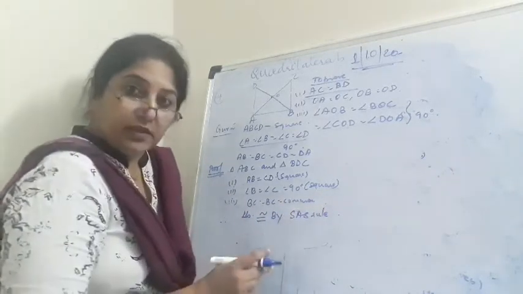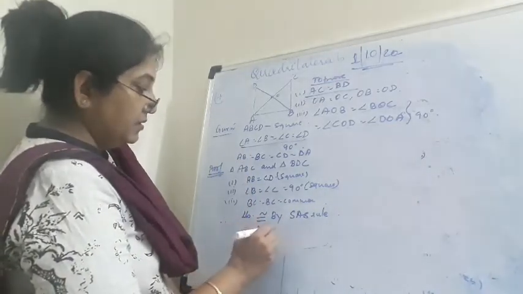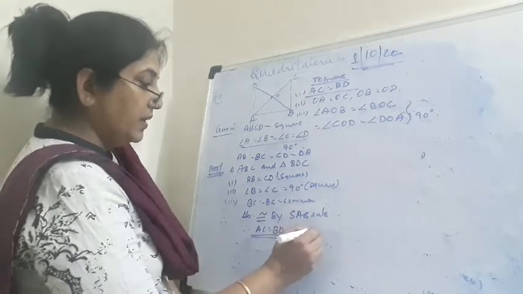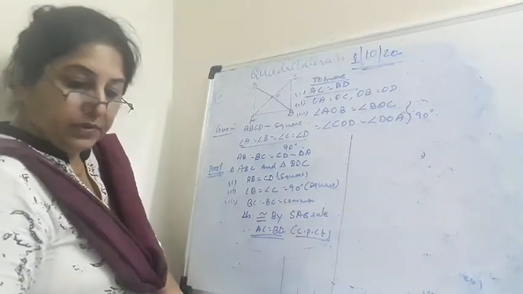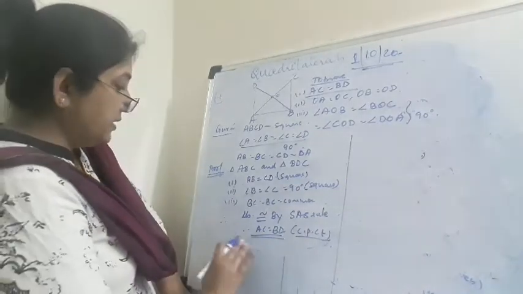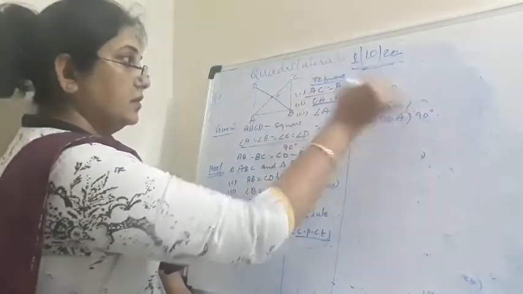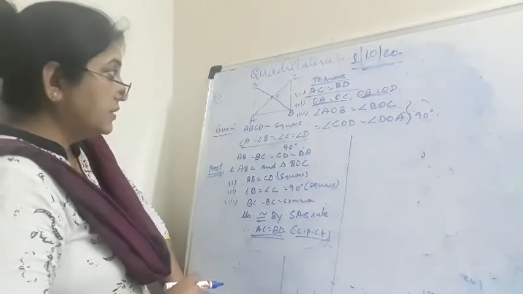Now according to the SAS rule, after completing it, we can now write that AC is equal to BD. And why? Because of CPCT. I hope this is clear to you. First part complete, and we will next prove that these parts are equal. Let us see which two triangles we will consider.